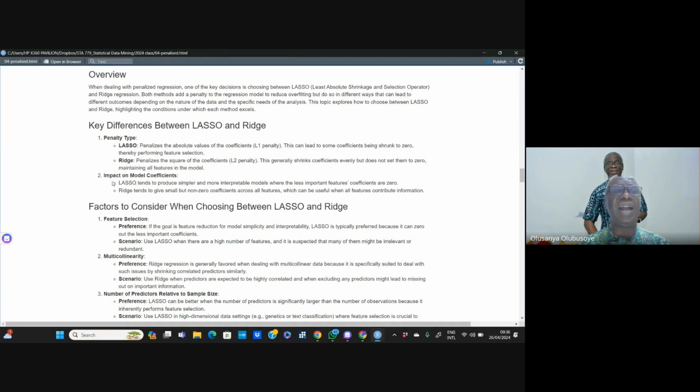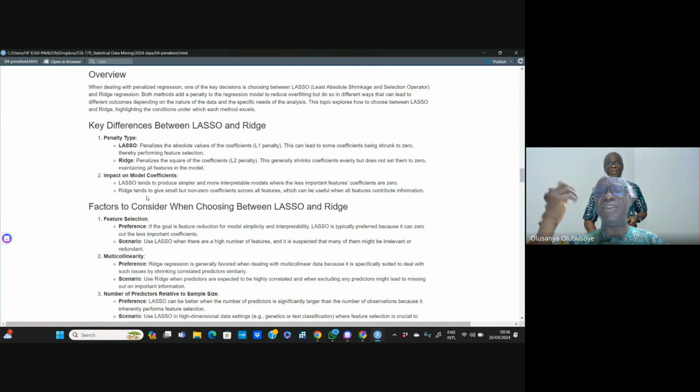The other thing, when you have to choose, is the impact on the model coefficients. LASSO tends to produce simpler and more interpretable models, where the less important feature coefficients are 0. Ridge, on the other hand, will give small but non-zero coefficients across all the features.